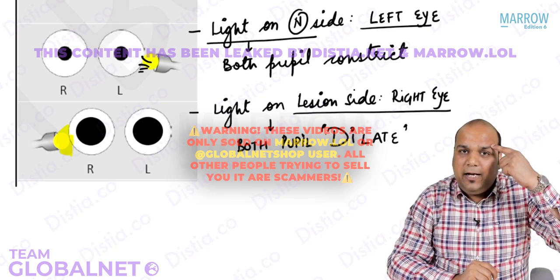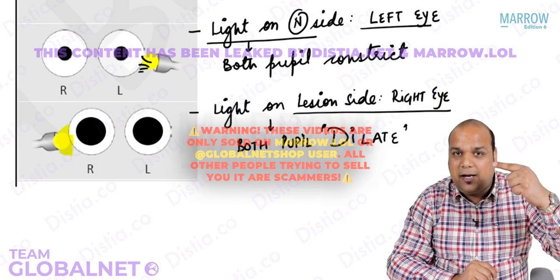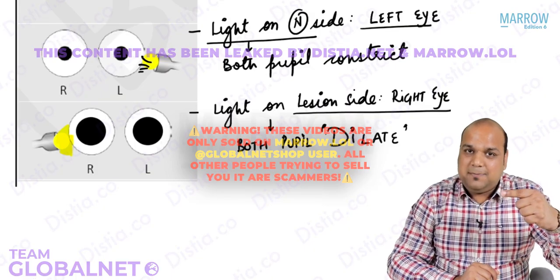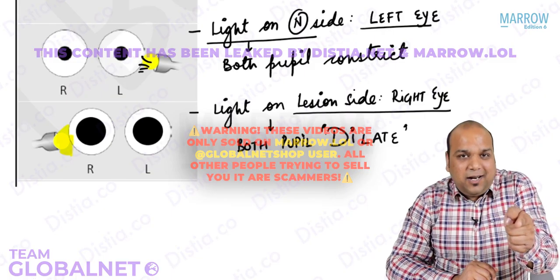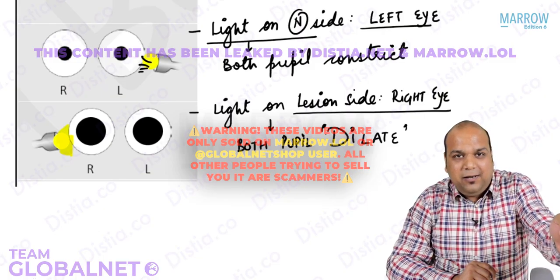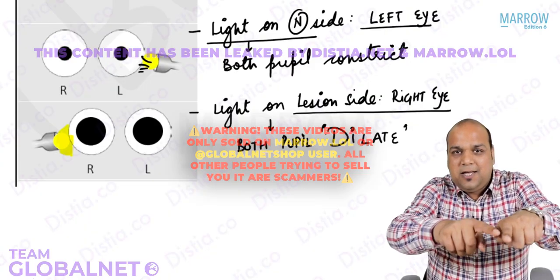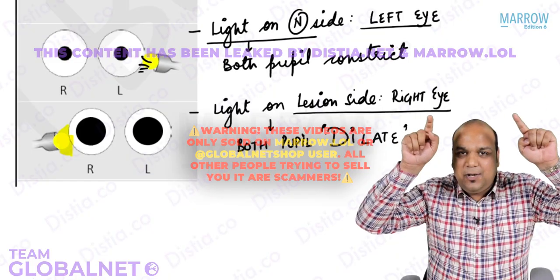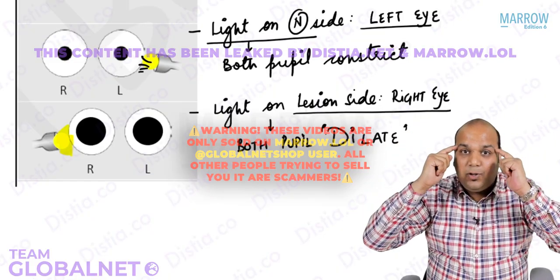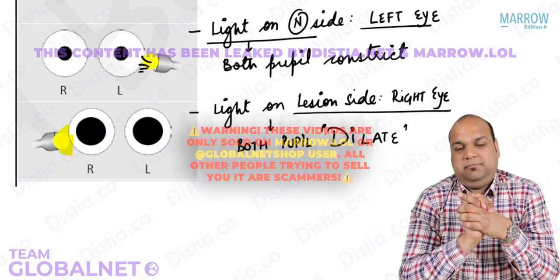Light will fall onto the right retina. It will go into the right optic nerve, but it is partially functional. So from the right optic nerve, the impulse will travel down the optic chiasma, optic tract, pretectal nucleus, both Edinger-Westphal nuclei, both oculomotor nerves, both ciliary ganglia, both short ciliary nerves, and both pupils will constrict.